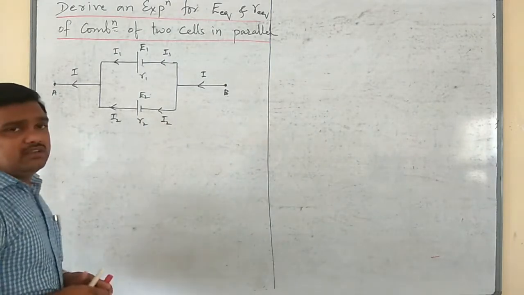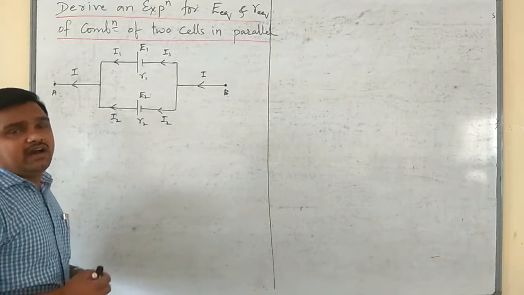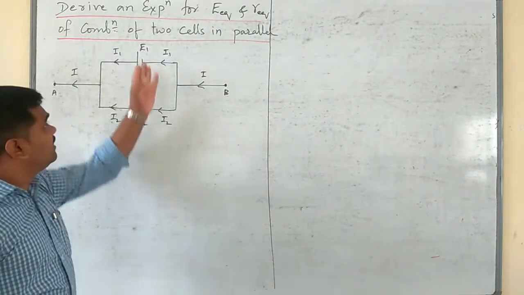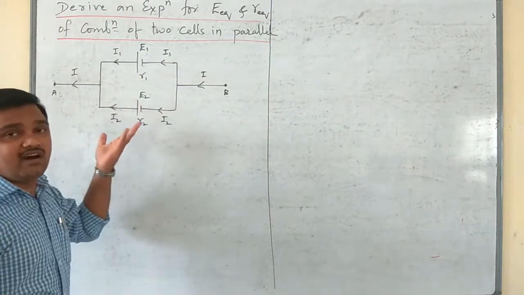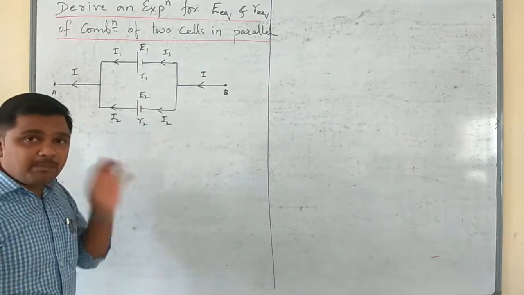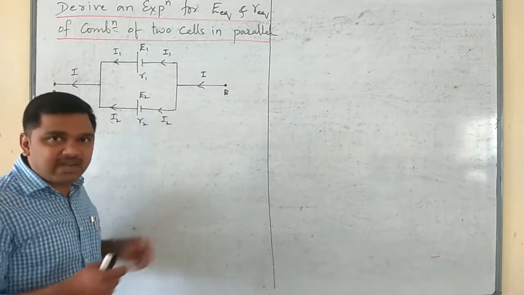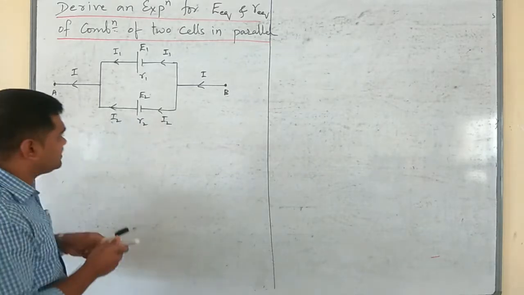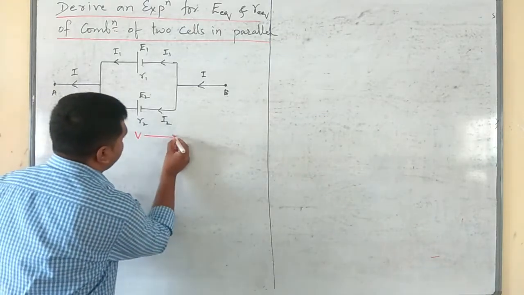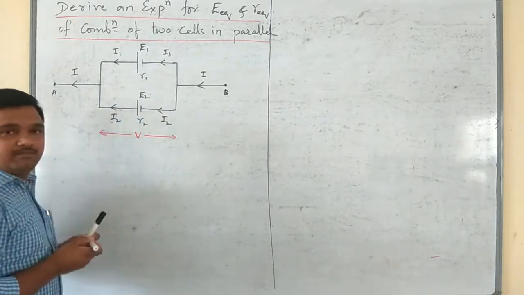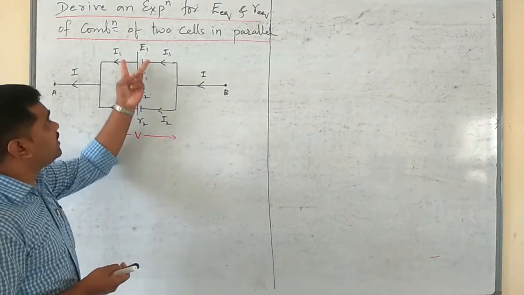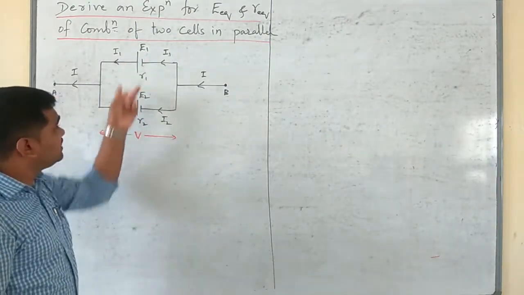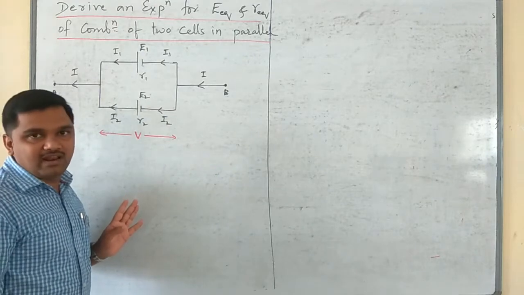We have already discussed the expression for R equivalent and C equivalent when capacitors or resistors are connected in parallel. In a parallel combination, the current will split and the potential difference remains constant. That is the hint we should consider. The terminal PD between these two cells should be the same, since they are connected in parallel.